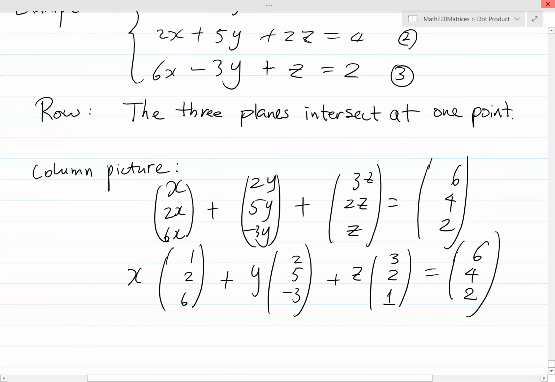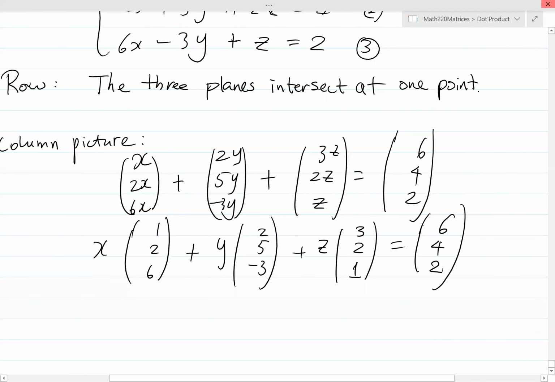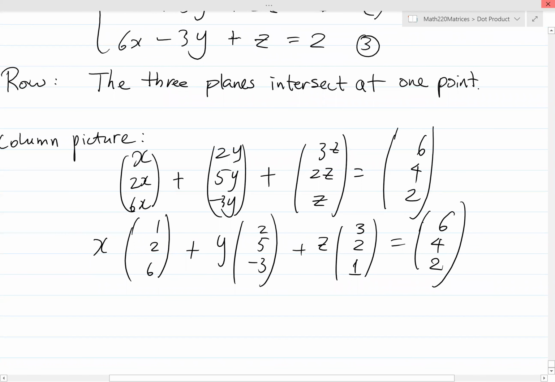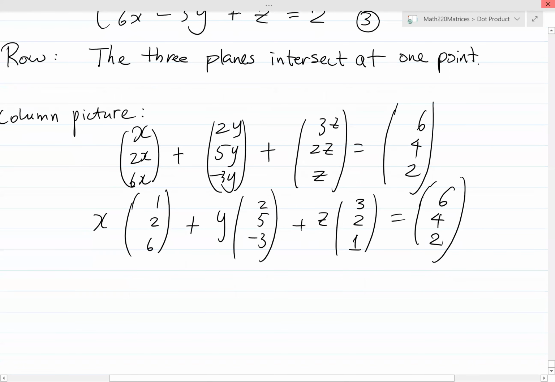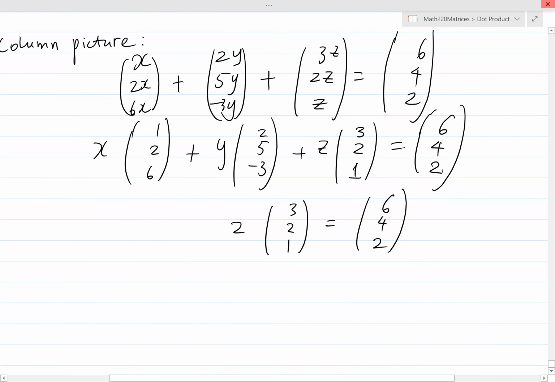Now you see some linear combination of the columns gives us 6, 4, 2. Looking at the third column vector, 3, 2, 1, you see clearly that 6, 4, 2 is twice that. Twice 3, 2, 1 is 6, 4, 2.